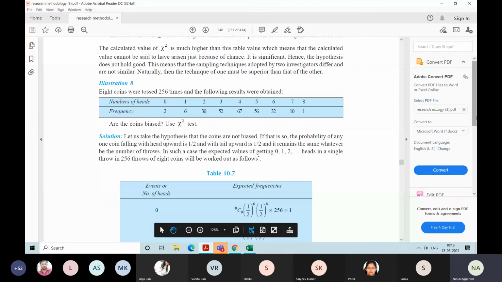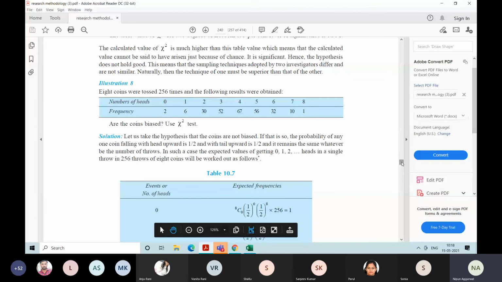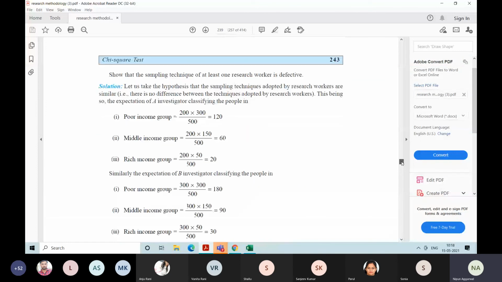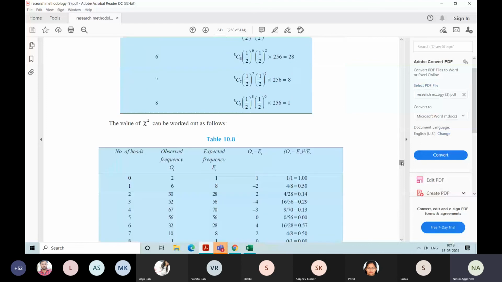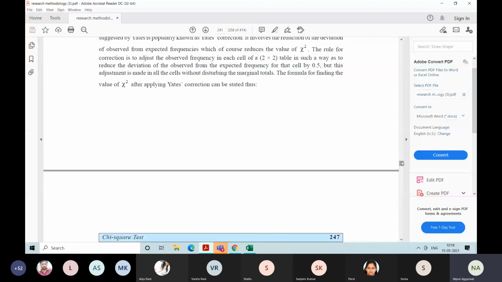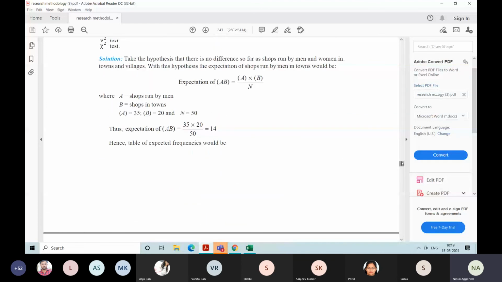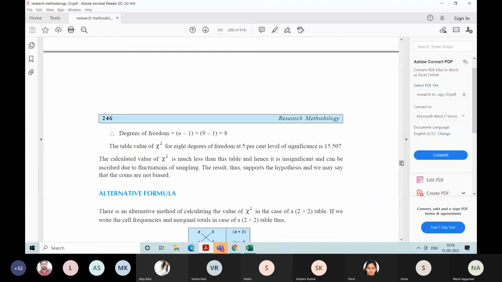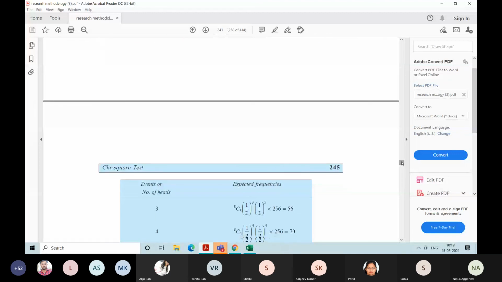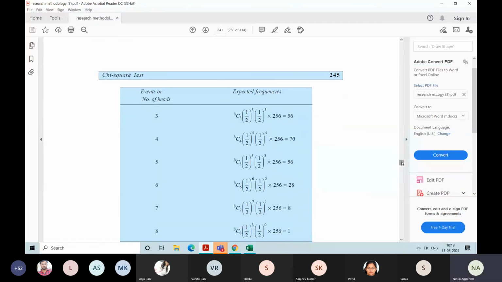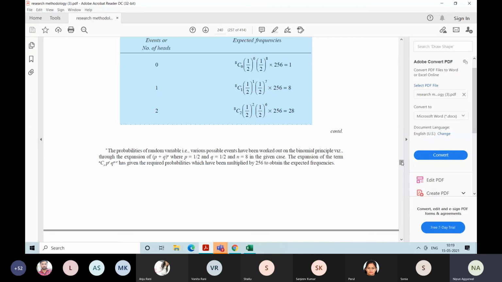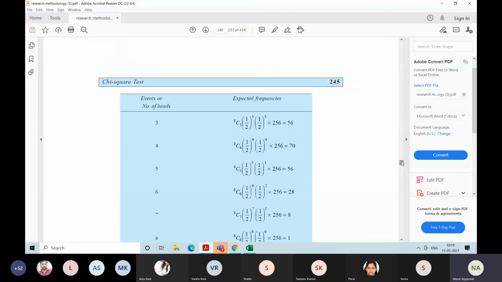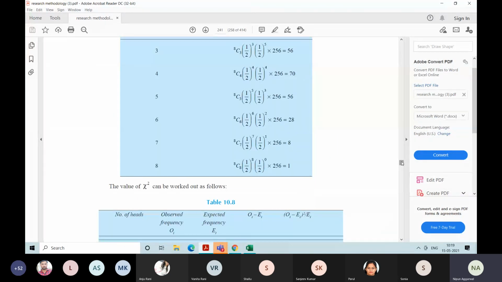So from this binomial distribution you have to calculate your theoretical frequencies. You calculate it for each case: 0, 1, 2, 3, 4, 5, 6, 7, 8. So for all 9 cases you have calculated your expected.